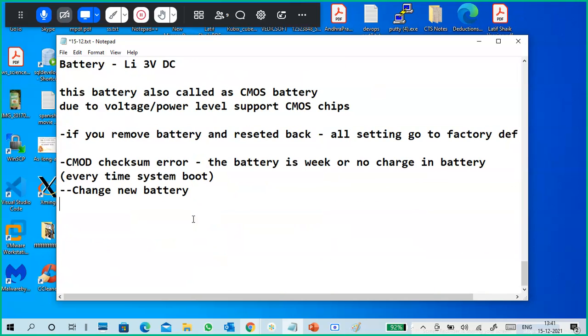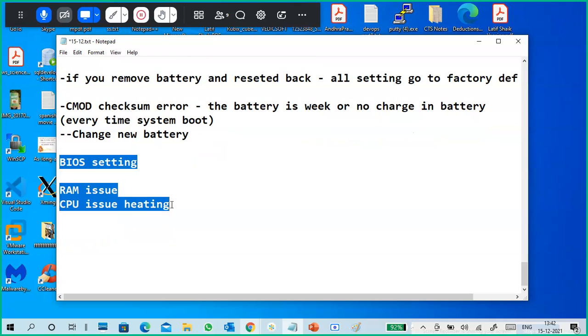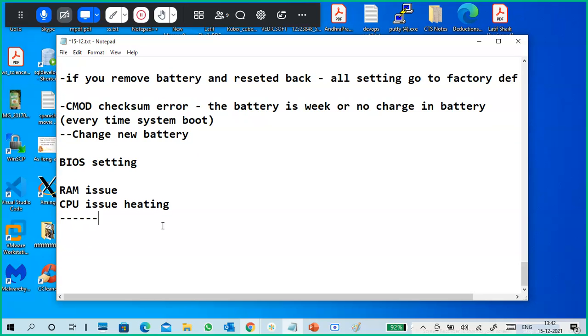There are a few more things I want to discuss. One is BIOS settings: what are BIOS settings and how to see them. One error I already told, but if possible I will tell again. Next is RAM issues: what are the issues and how to troubleshoot them. Next, CPU heating related issues.